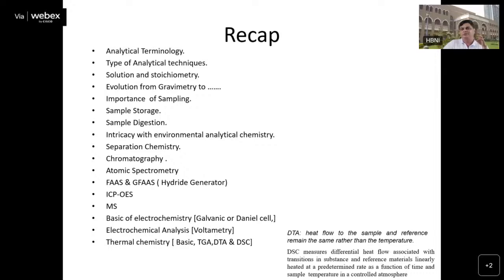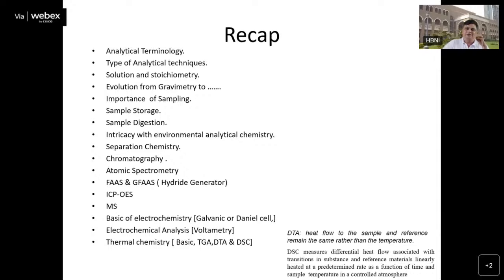Atomic spectrometry is nothing but the study of the interaction of electromagnetic radiation with matter. Before going to atomic spectroscopy, we also discussed the molecular, that is UV visible spectroscopy, where molecular transitions are used for the determination of various analytes.